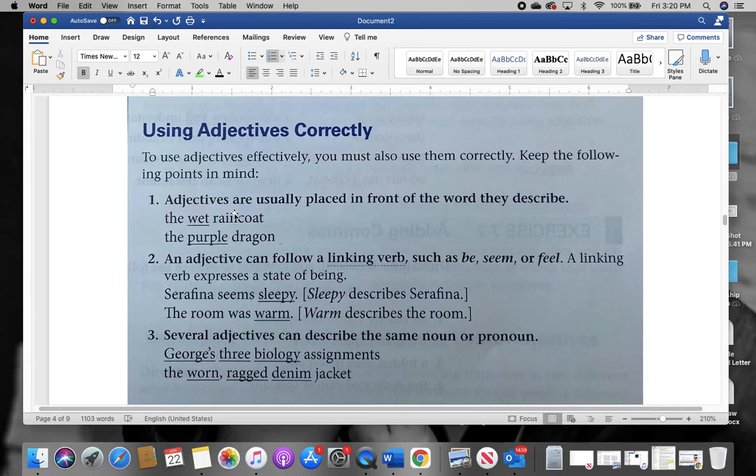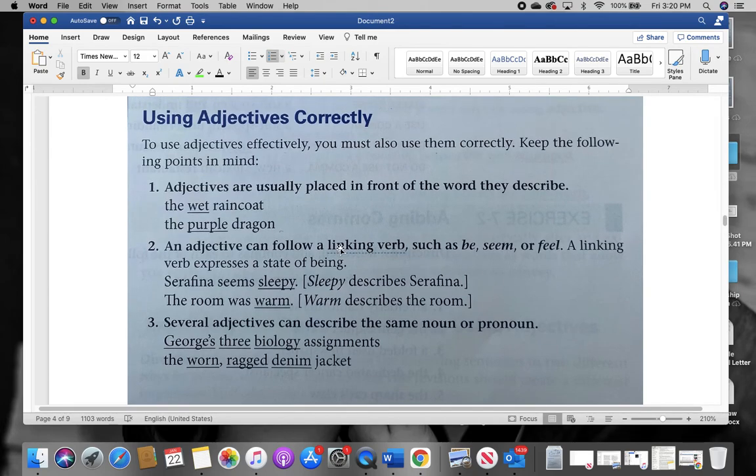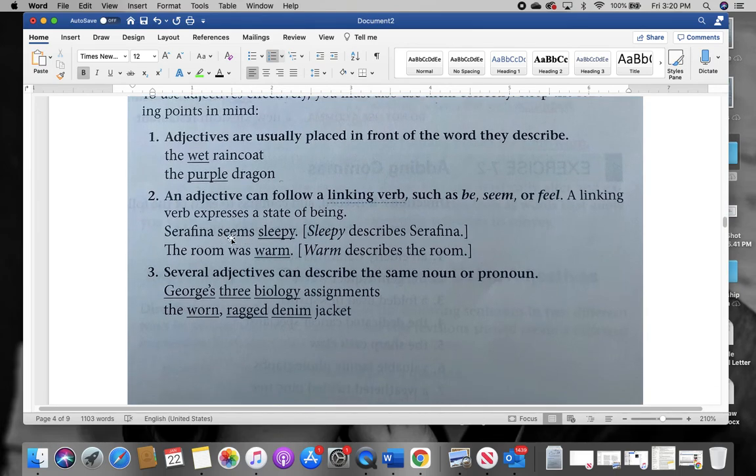So the first is that adjectives are placed in front of the word they describe, and hopefully some of this sounds familiar. They can follow what's called a linking verb, which expresses a state of being. So, right, seems or was.